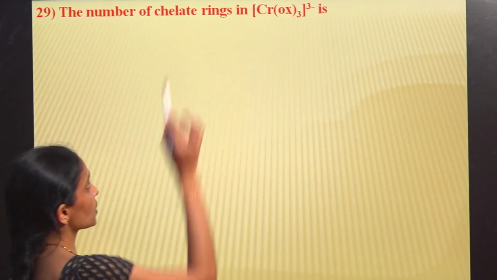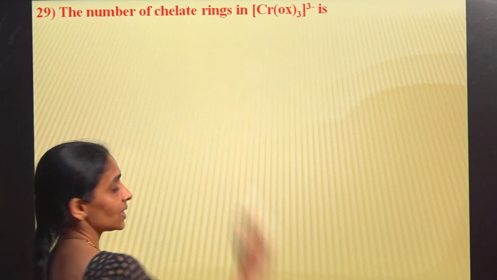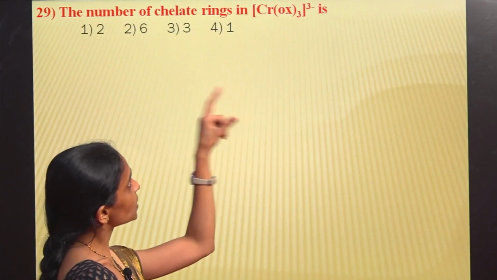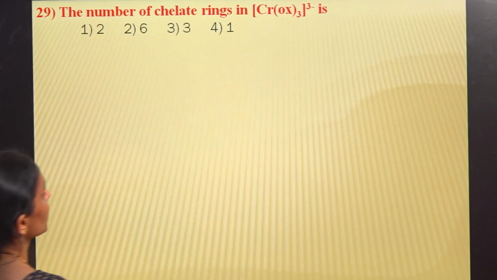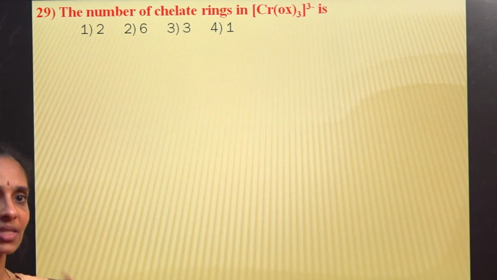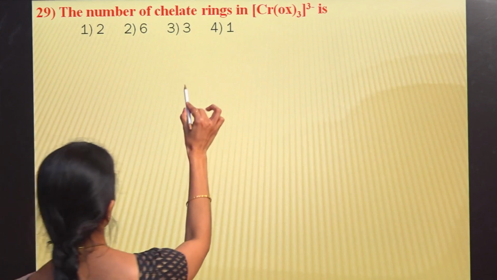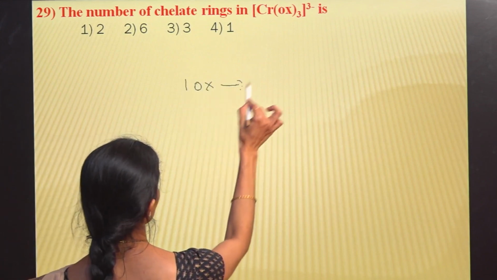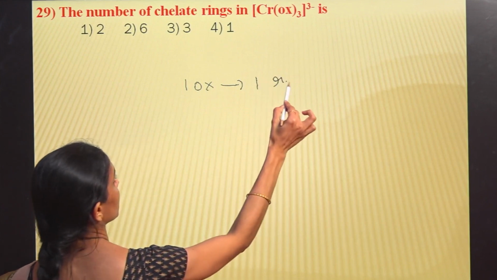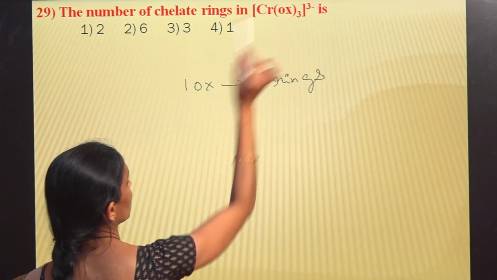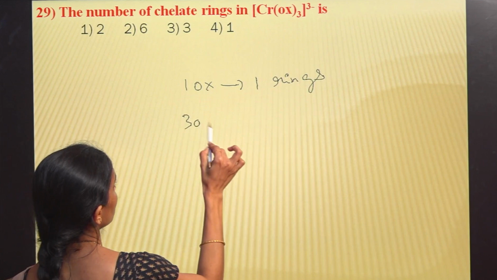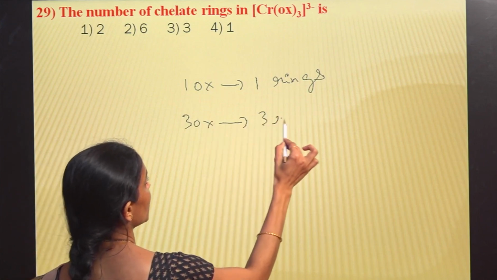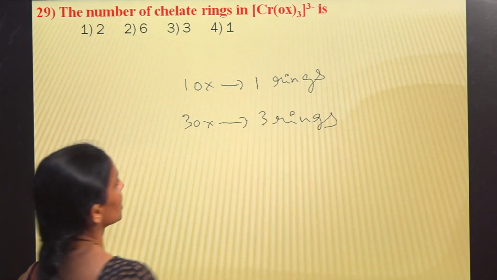Now, oxalato is a bidentate ligand, and it forms chelating rings around chromium. One oxalato forms one ring. Now, how many oxalato ligands are present? There are 3 oxalato ligands. That is why 3 chelating rings are expected.